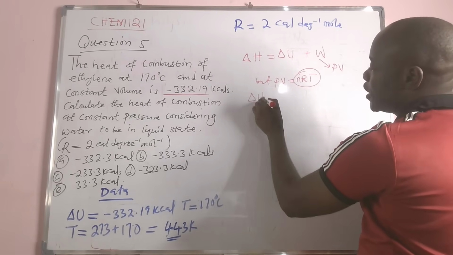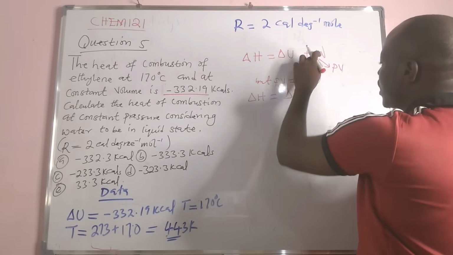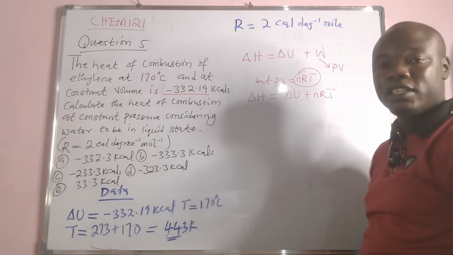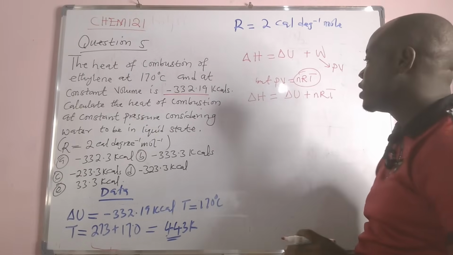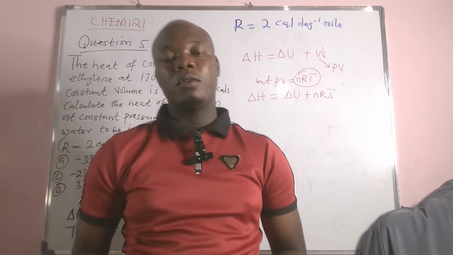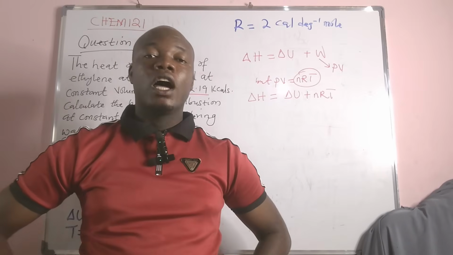So the enthalpy is equal to internal energy plus nRT. This equation demonstrates the first law of thermodynamics, which says that energy can neither be created nor destroyed, but it can change from one form to another.